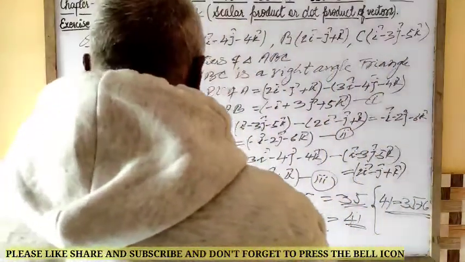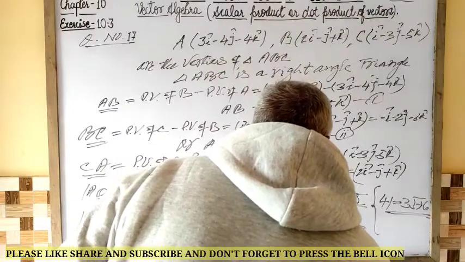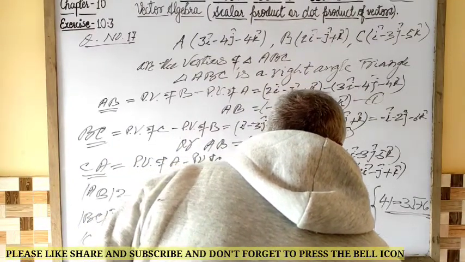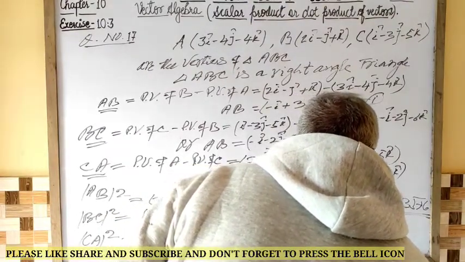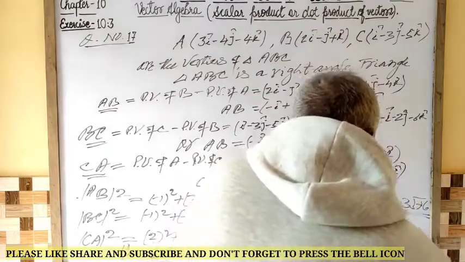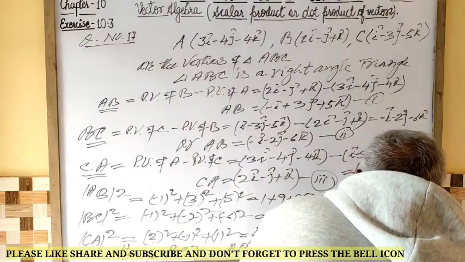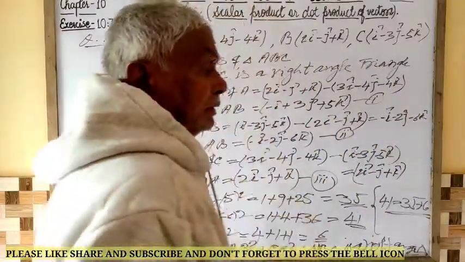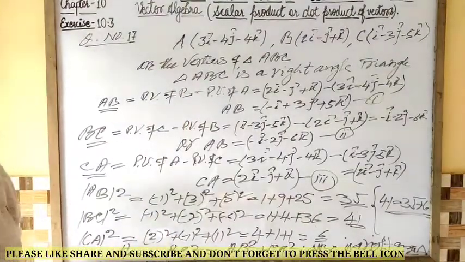Hence the triangle ABC is a right angle triangle, or the sides make the sides of a right angle triangle. This is well done.